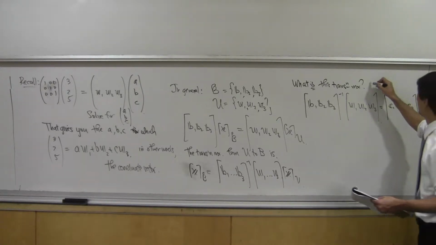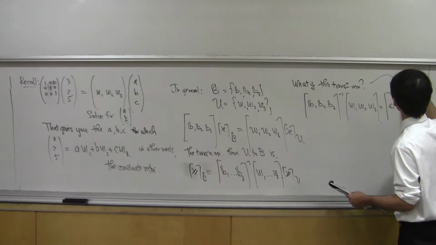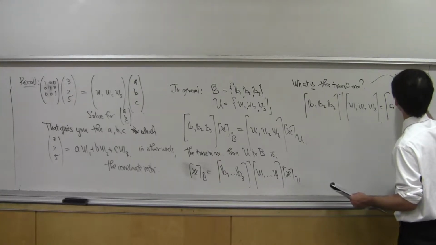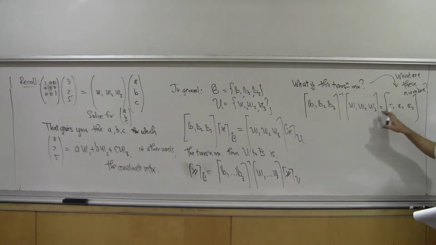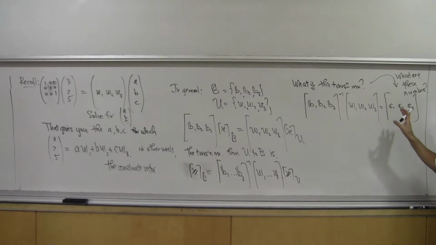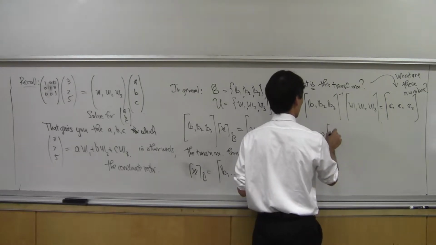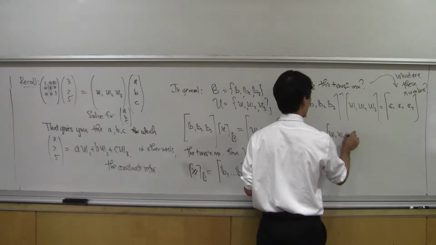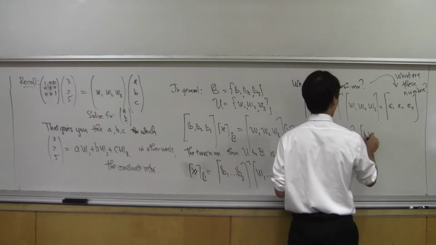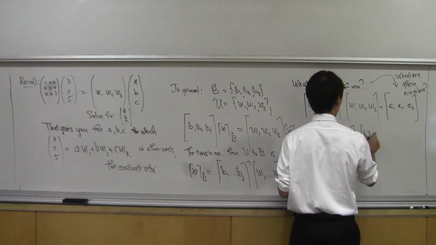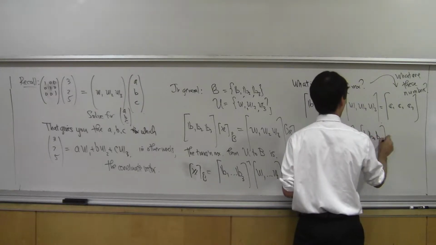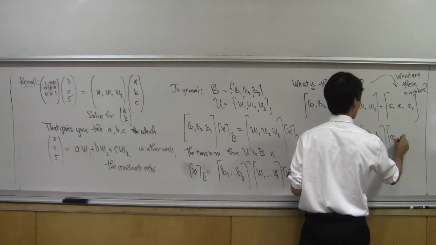So we're really asking, what are these numbers? We've got the transition matrix. What does it actually mean? I mean, we know what it means, but I'm going to say it in a slightly different way. I'm going to say something dumb, which is that this means that U1, U2, U3 equals B1, B2, B3 times C1, C2, C3.